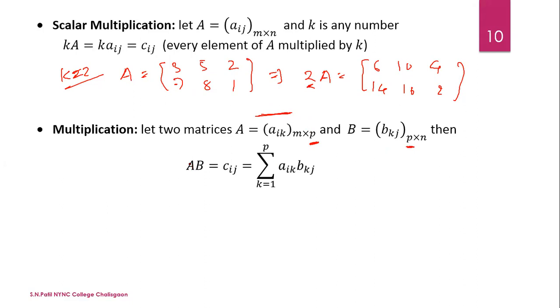Then its multiplication A into B is equal to Cij, and the order of this new matrix is m by n. It can be written as the summation of aik into bkj, where k runs from 1 to p. We can prove this. See, this is the Cij matrix. That is the matrix multiplication. Now I am going to take, particularly, a 3 by 3 matrix.